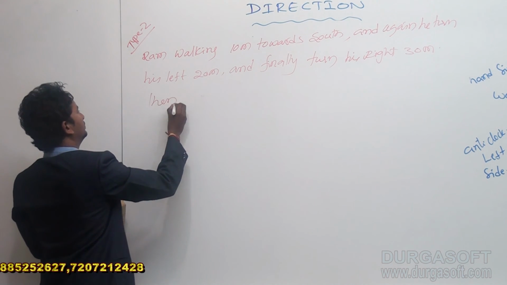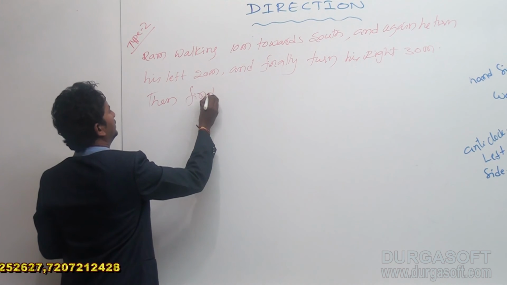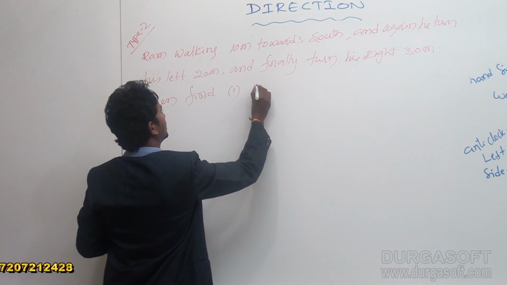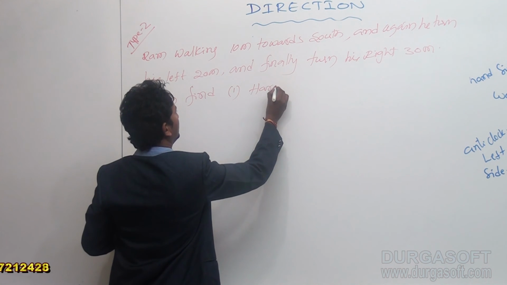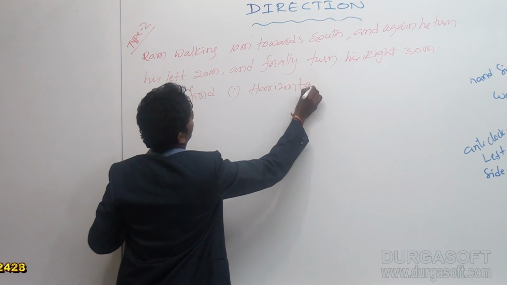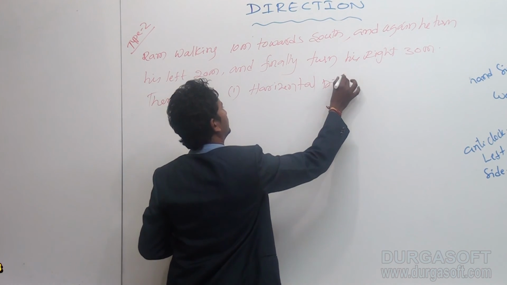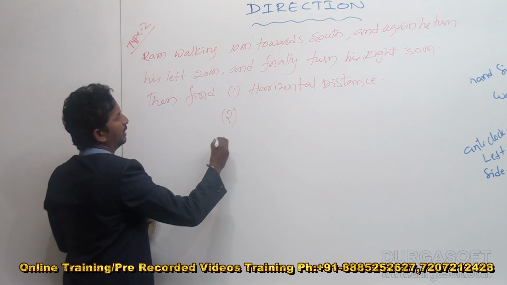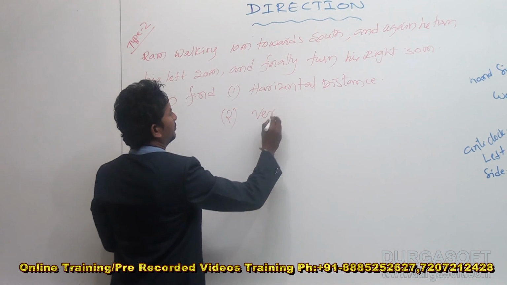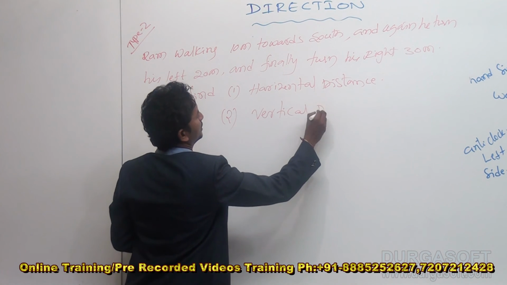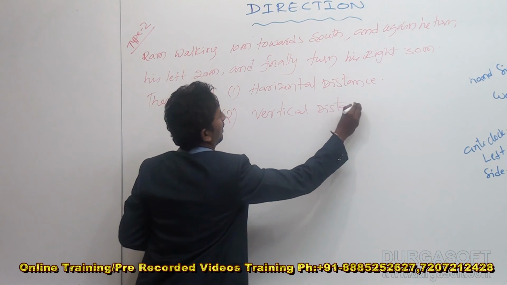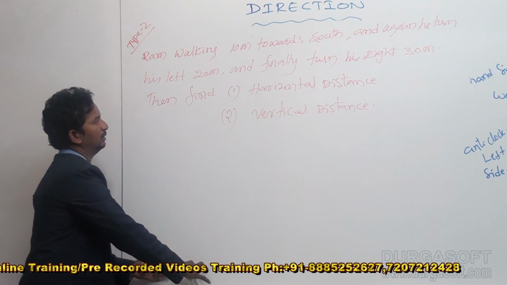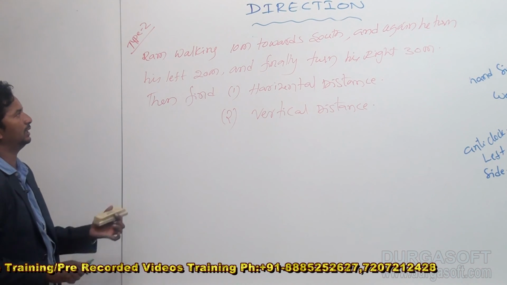Then find the horizontal distance and the vertical distance. Now you are finding the horizontal distance and vertical distance.